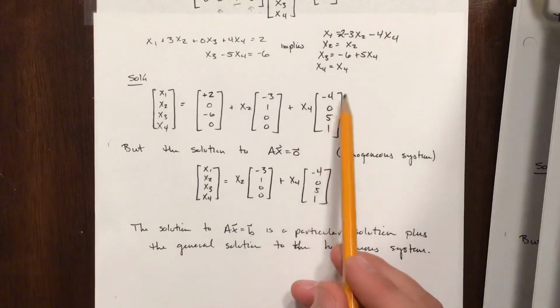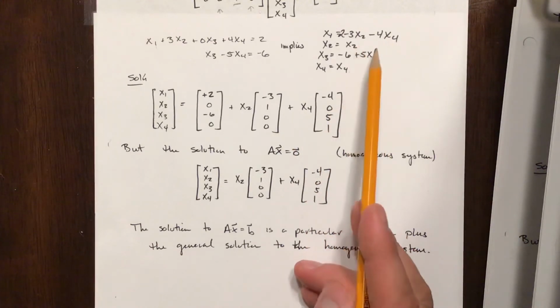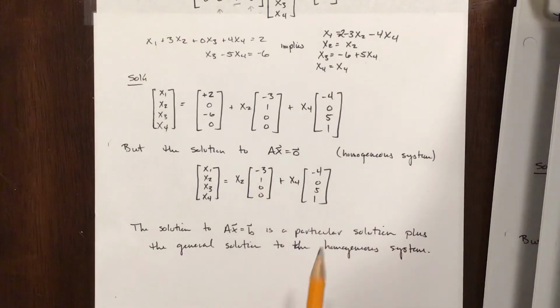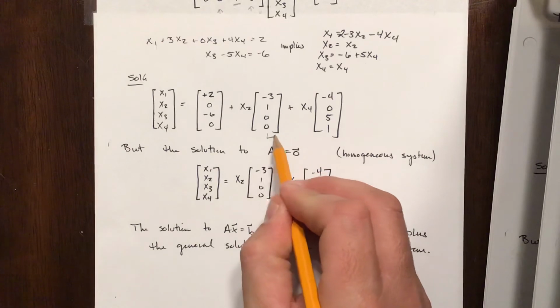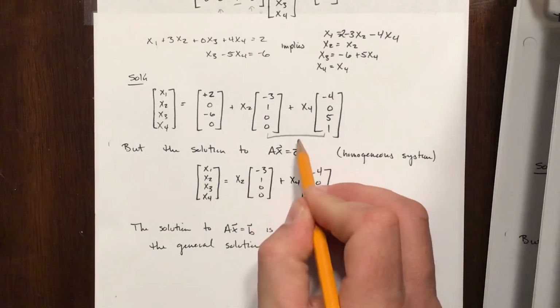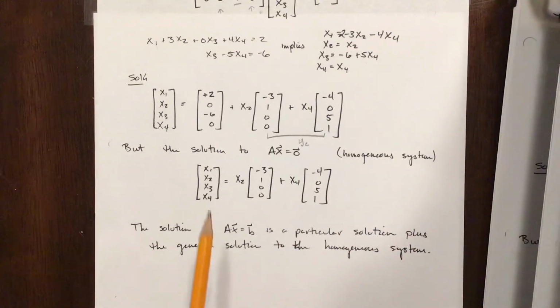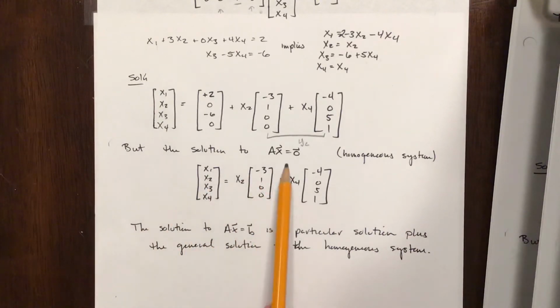And x4 times negative 4, 0, 5, 1. And so the solution takes the same form as what was on the previous page. Here, this is acting as your complementary solution. It's the solution to the equation AX equals 0.